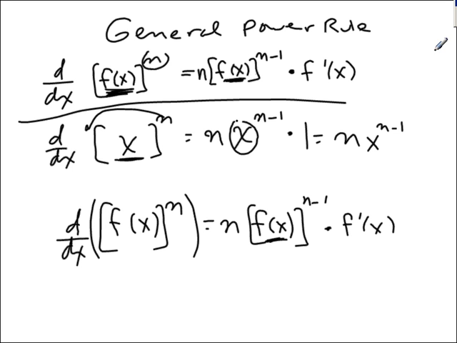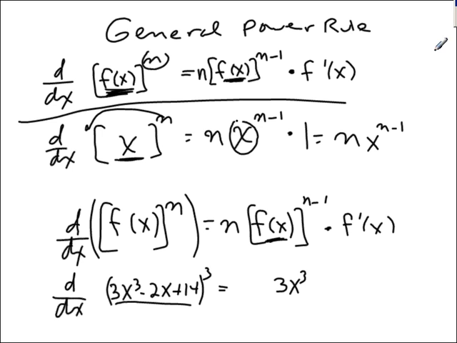Okay, for example, if you were asked to find the derivative of 3x cubed minus 2x plus 14 to the third power. What I just underlined, that's the function, that's f of x. 3x cubed minus 2x plus 14.